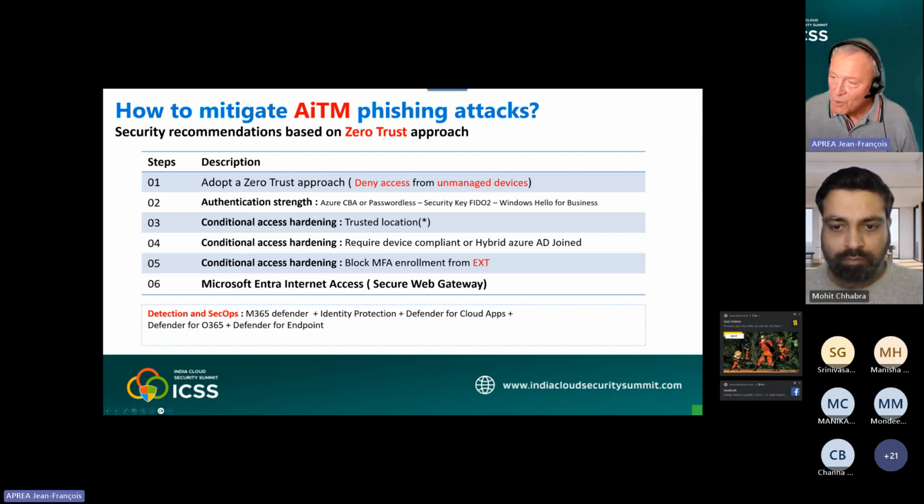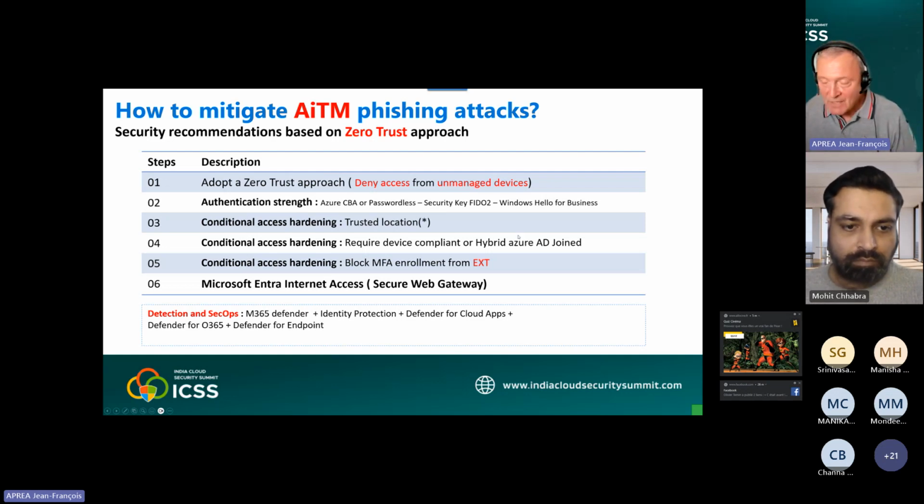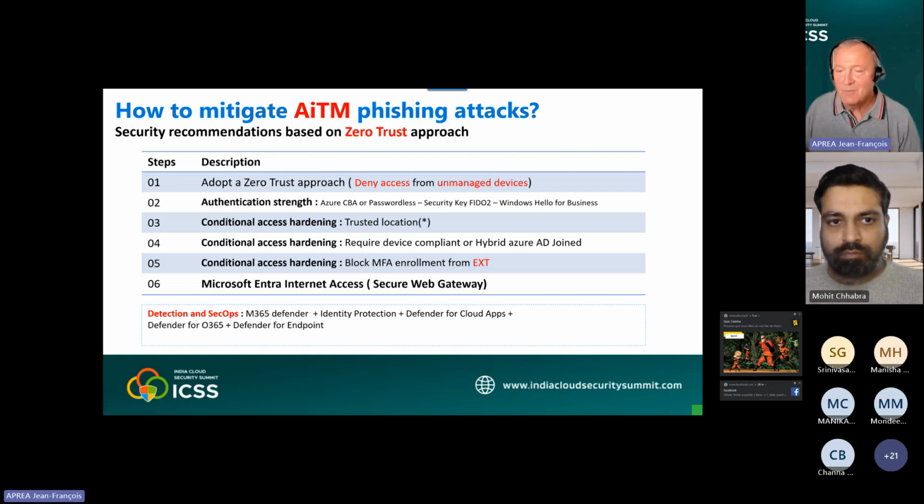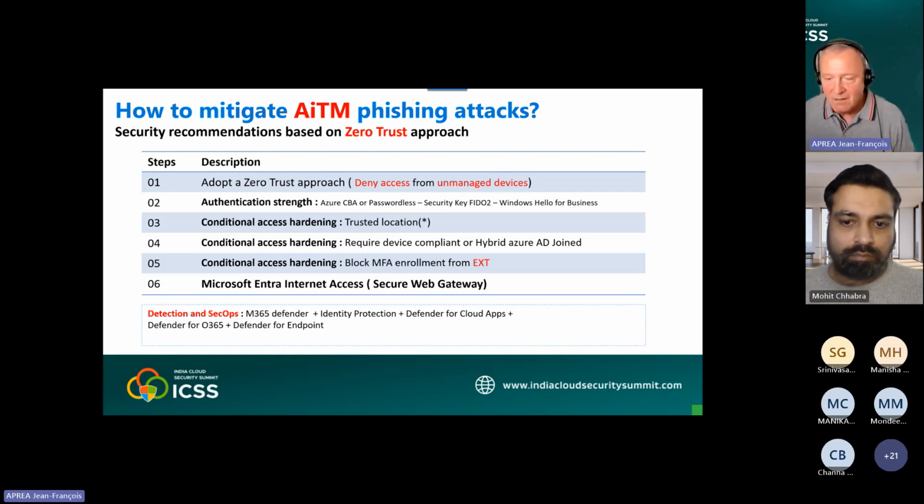Security key, of course, Windows Hello for Business, of course, trusted location, of course. So, check the compliance of the computer, of course. Block MFA environment from external networks, and in the future use Microsoft Entra Internet Access to secure the access from end-to-end endpoint.